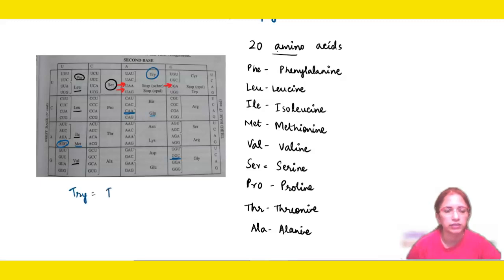Okay. This is tyrosine. Then we have stop codons or the terminating codons, which will not code for any amino acids. Then we have HIS, which means histidine. Then we have GLN, it means glutamine. Then we have ASN, which means asparagine.